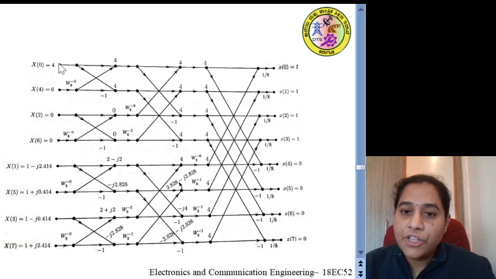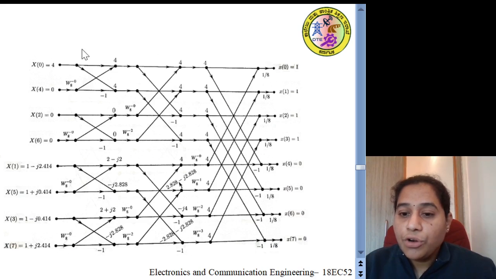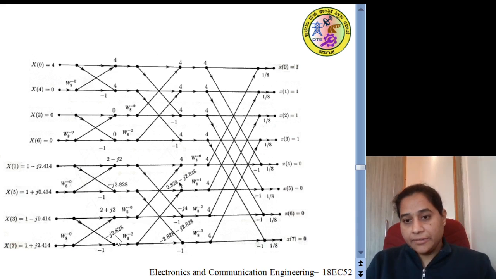The DFT X of 0 is 4, X of 4 is 0, X of 2 is 0, X of 6 is 0, X of 1 is 1 minus j 2.414, X of 5 is equal to 1 plus j 0.414, X of 3 is 1 minus j 0.414, X of 7 is 1 plus j 2.414, and the output we will be obtaining from this first stage of decimation is 4, 4, 0, 0, 2 minus j2, minus j 2.828, 2 plus j2 and minus j 2.828.